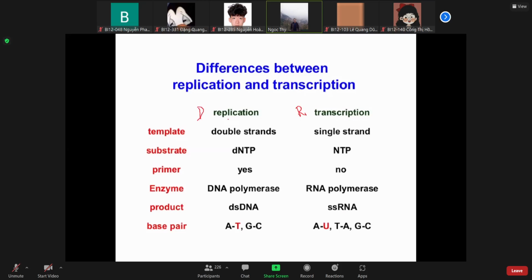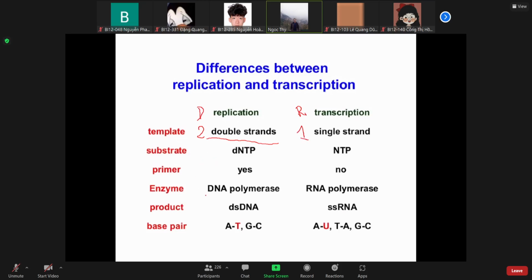So in DNA replication, both DNA strands are used as templates to synthesize the new DNA strand, following the semi-conservative rule. In transcription, only one strand is used as a template.